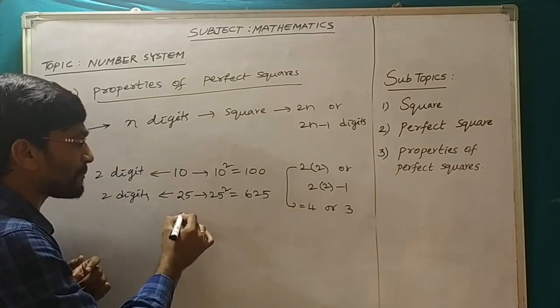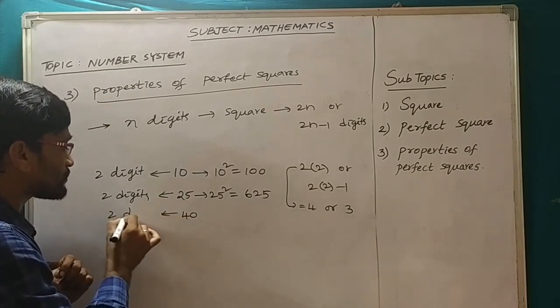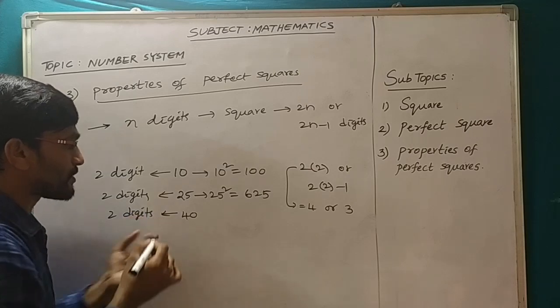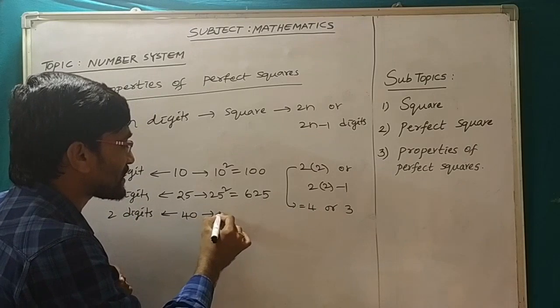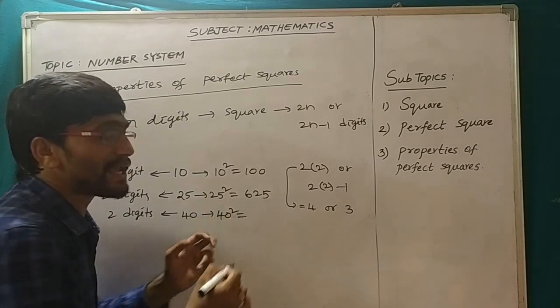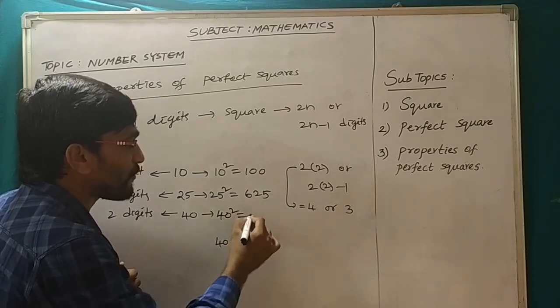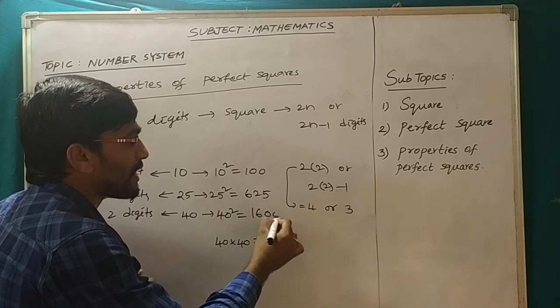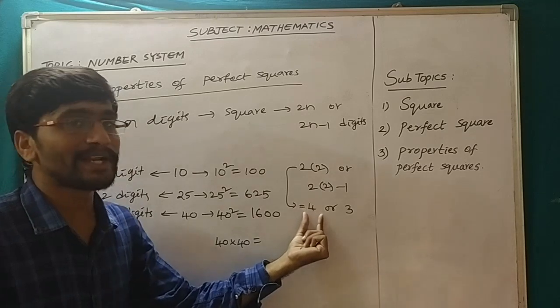Let us consider another number 40. 40 has 2 digits. Then its square has either 3 digits or 4 digits. Is it correct or not? 40 square can be written as 40 into 40. 40 into 40 gives what? 1600. 40 into 4, 4, 16, 2 zeros, 1600. Gives 4 digits or not?